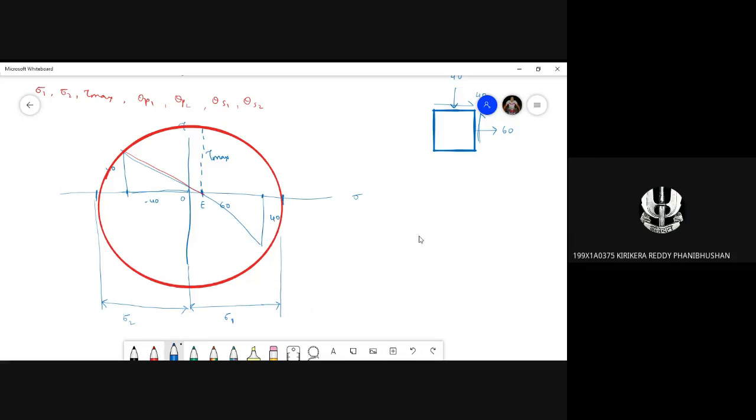Sigma 1 is 75. Tau max is 65. Okay, I got the same values. Sigma 2 is minus 63, tau max is 65. Okay, 64, 65, no problem.